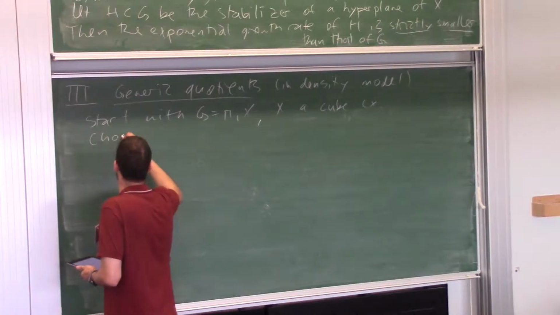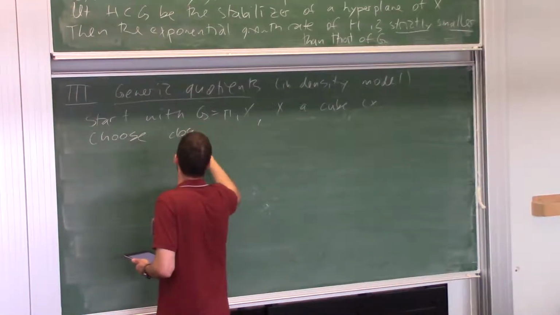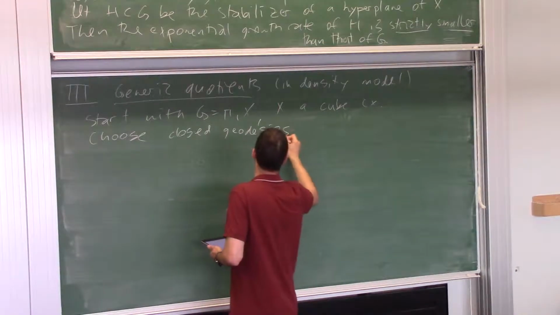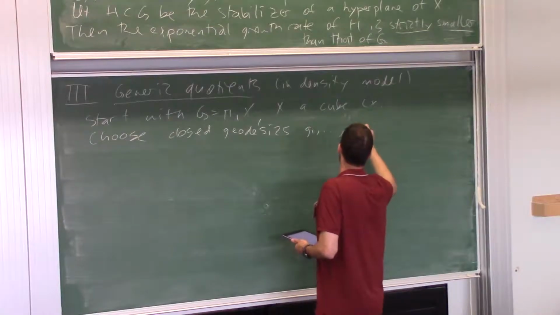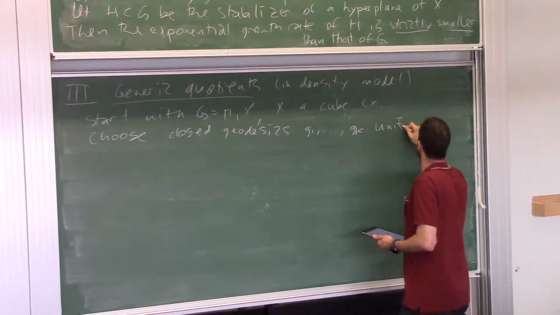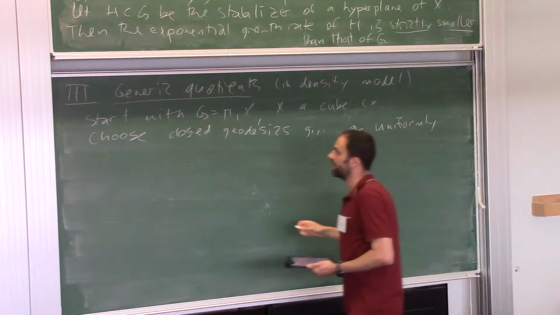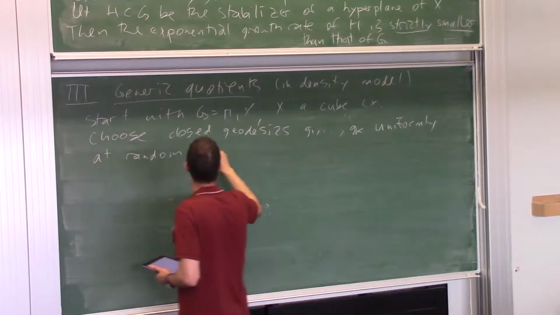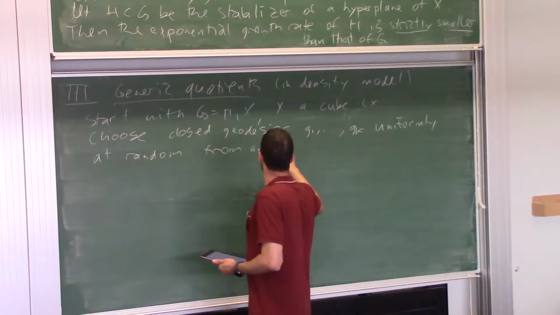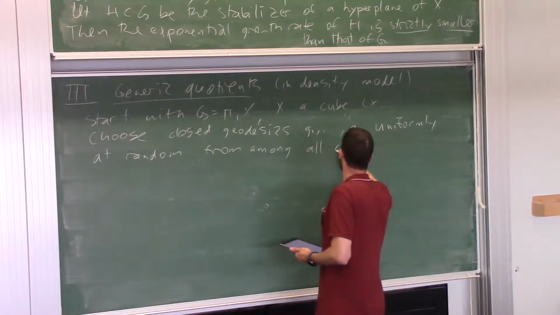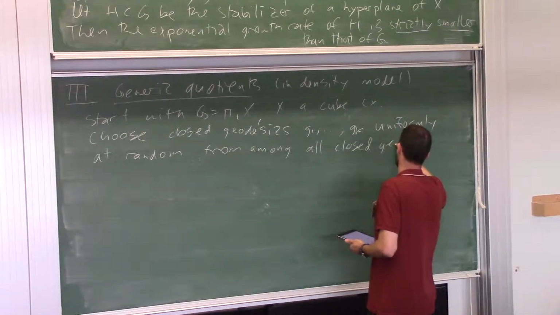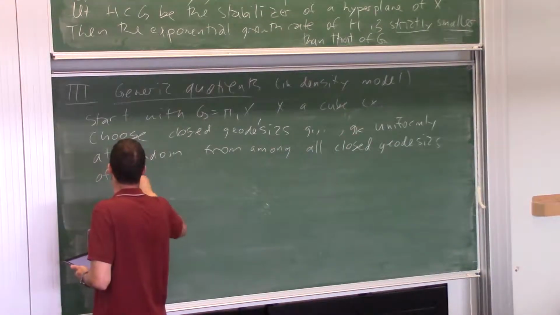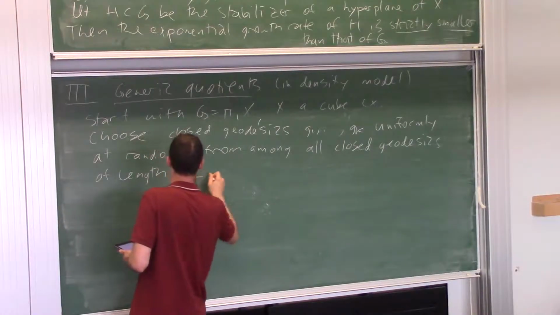We're going to choose closed geodesics g_1 up to g_k uniformly at random from among all closed geodesics of length at most L.